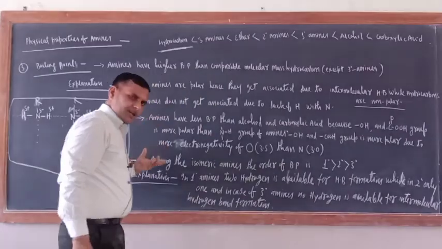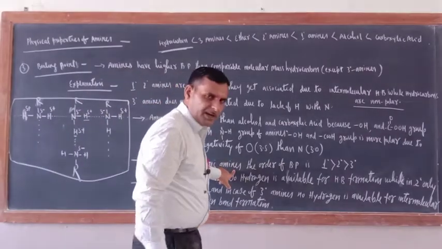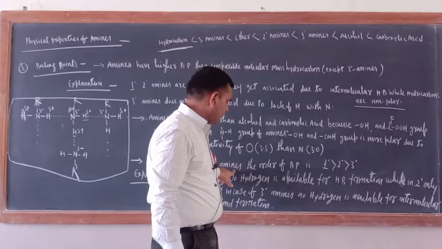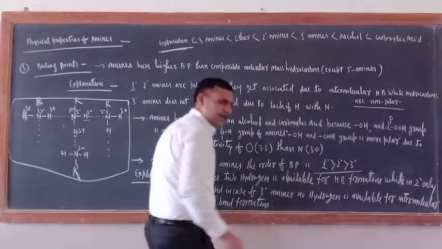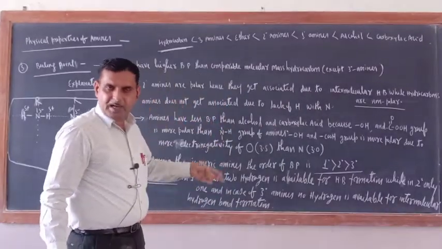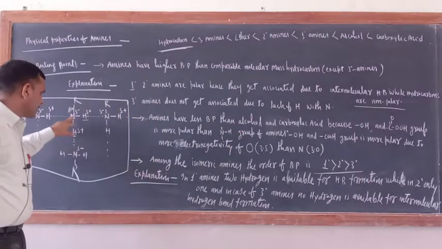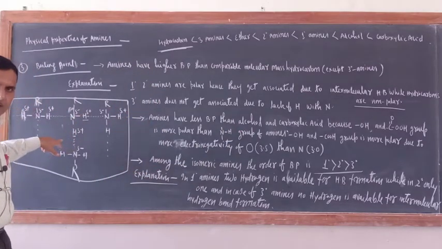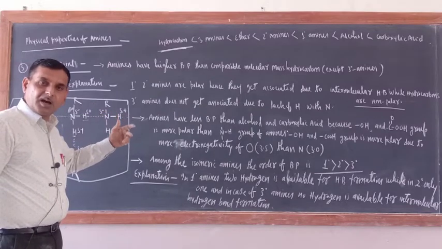Okay, there is one more issue here. Among the isomeric amines, means 1 degree, 2 degree, 3 degree amines, the order of boiling point is 1 degree, 2 degree, 3 degree. Reason? With 1 degree amines, 2 hydrogens are available for hydrogen bonding. Just check here. 2 hydrogens are available for hydrogen bonding. In 2 degree case, only 1 hydrogen is available for hydrogen bonding.